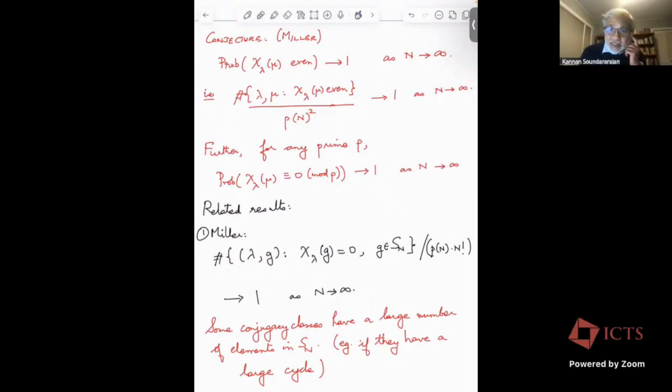The number of n cycles in the symmetric group is like n minus 1 factorial. So if you pick an element of the group at random, it's likely to have large cycles. Just as if you pick a number at random, a number n up to x at random, it's likely to have a large prime factor. And there's a strong analogy between the cycle decomposition of permutations and the factorizations of numbers into primes.